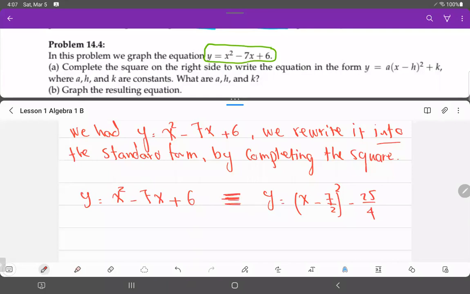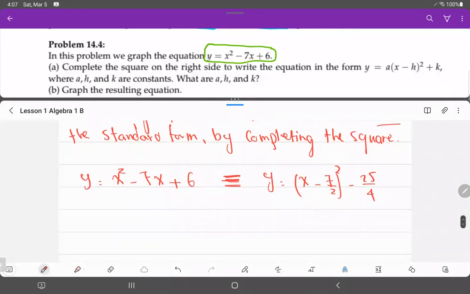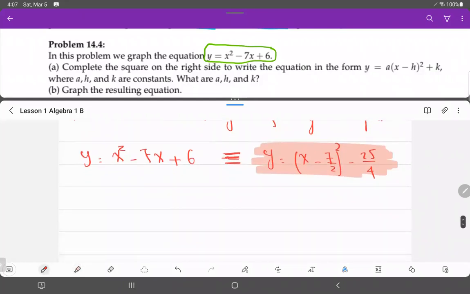So this is the same as this, but different formats. But we care more about this form. This is helpful. Now, based on this, who can tell me what is A, what is H, what is K?